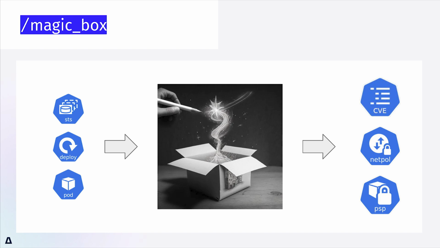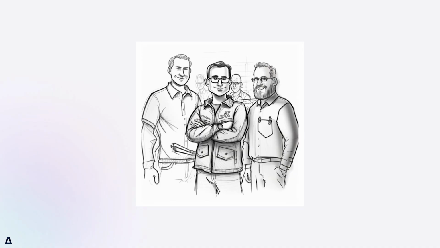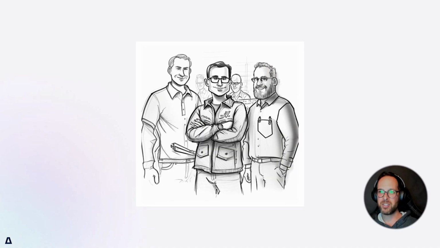And the box produces a short and focused list of vulnerabilities, network policy suggestions based on your application's runtime behavior, and seccomp profiles. Isn't it great? So in this world of automation, security practitioners and DevOps engineers are happier and more focused on productive work rather than error-prone manual work that also slows them down.